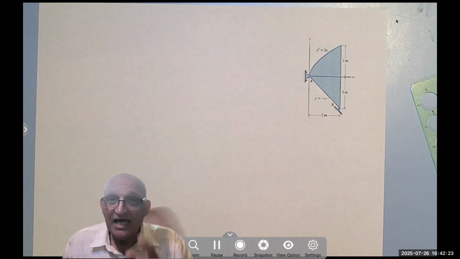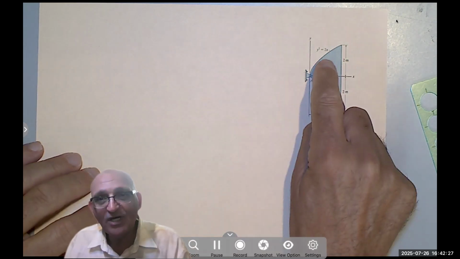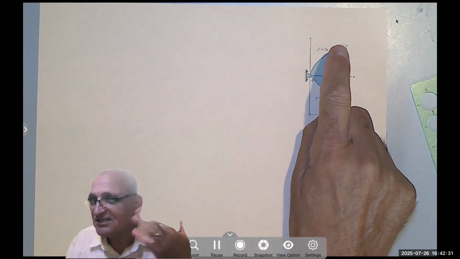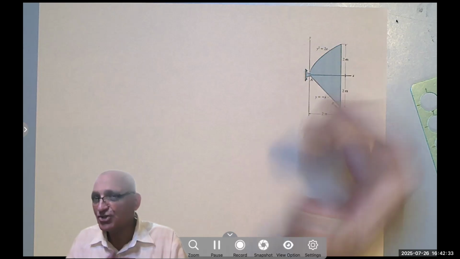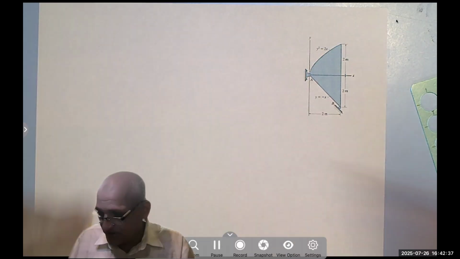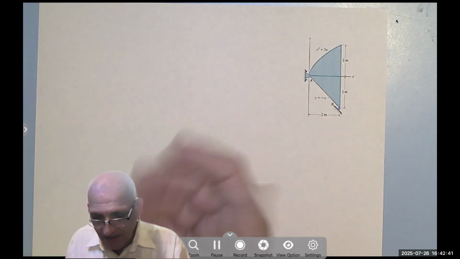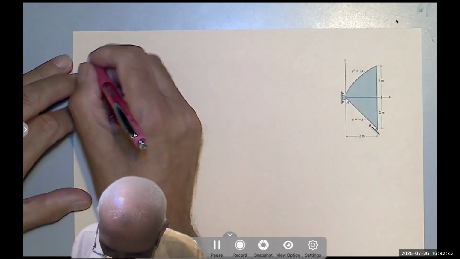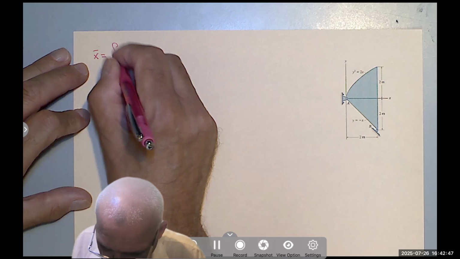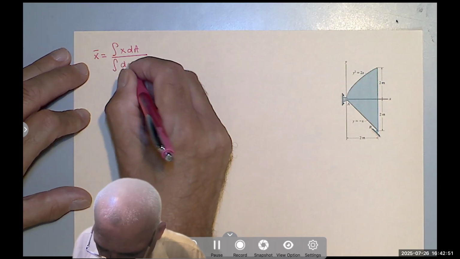Okay? And then I will tell you, remember what I gave you last time when I told you I can find the centroid of any degree parabola? I will show you that we didn't really need integration. So let's do it first with integration, and let's define x bar and y bar. We are going to say x bar equals the integral of x dA over the integral of dA.